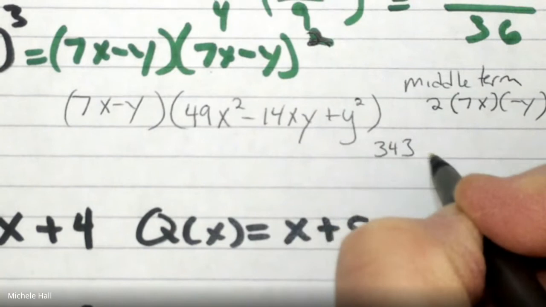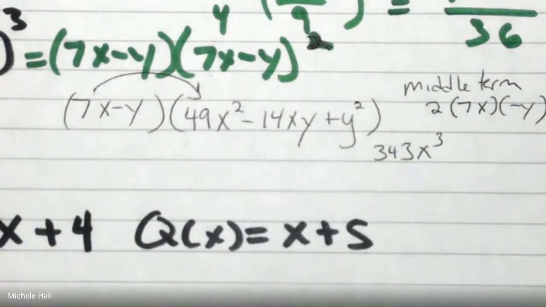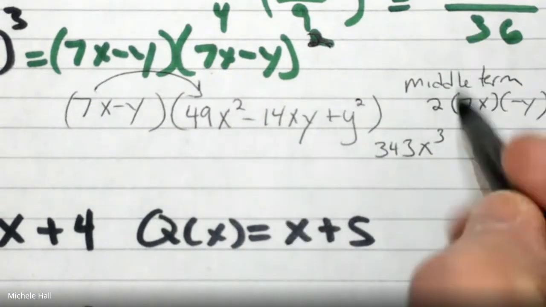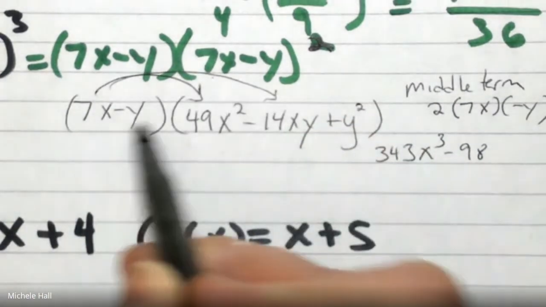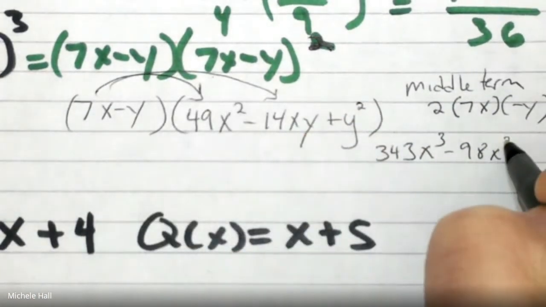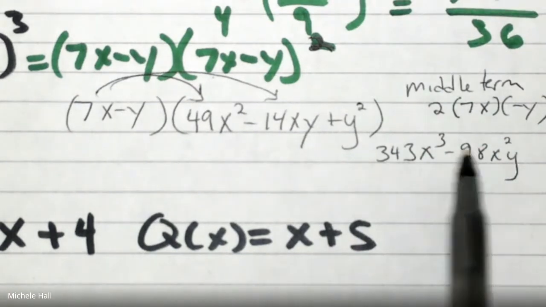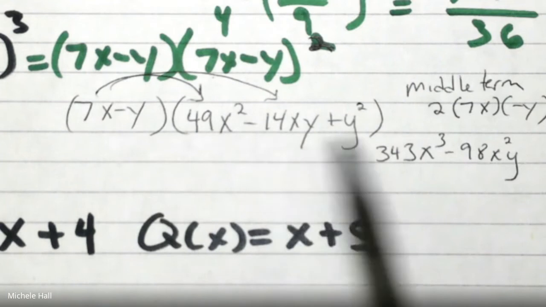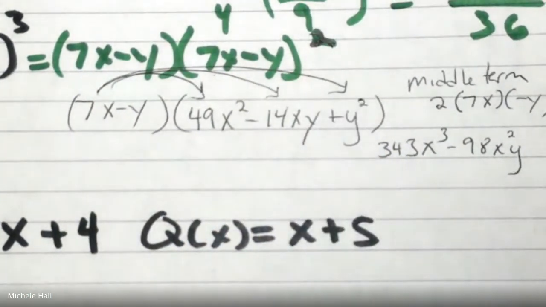And that's going to be x cubed. And then we get negative 98x squared y. You guys did really good on this part right here. We did really good in keeping track of the fact that we had an x squared and a y on that term. And then the last one would be a 7xy squared.